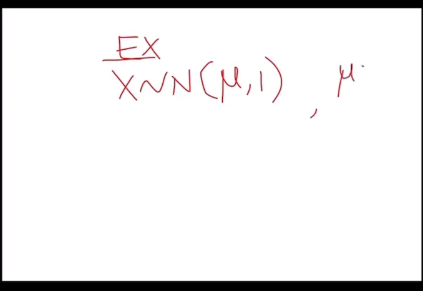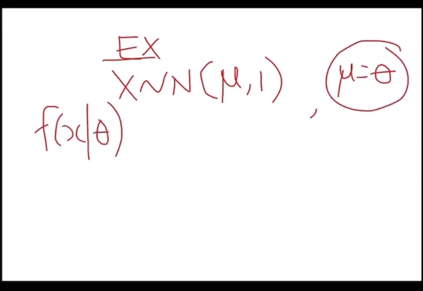So for instance, if we have X following a normal distribution with mean mu and the variance already known, say the variance is 1, we want to figure out mu. So that is telling you mu equals theta. If I want to write f(x given theta), don't forget I said my theta is mu.